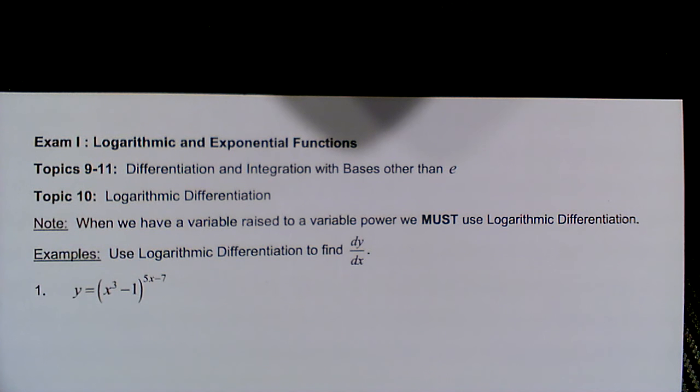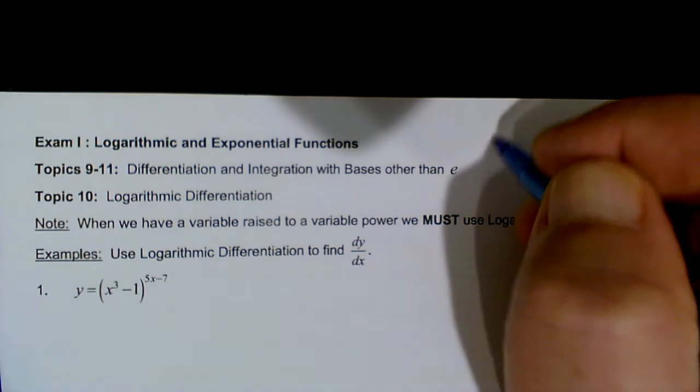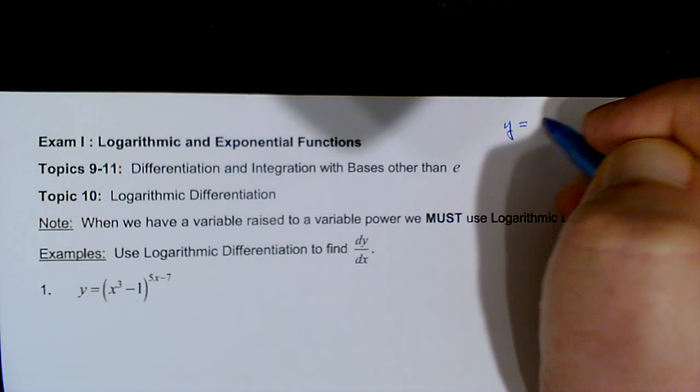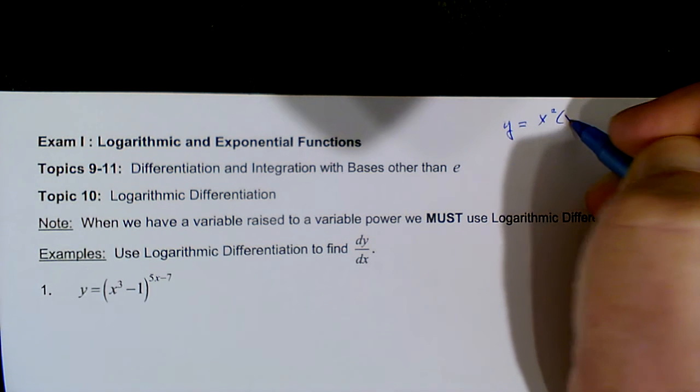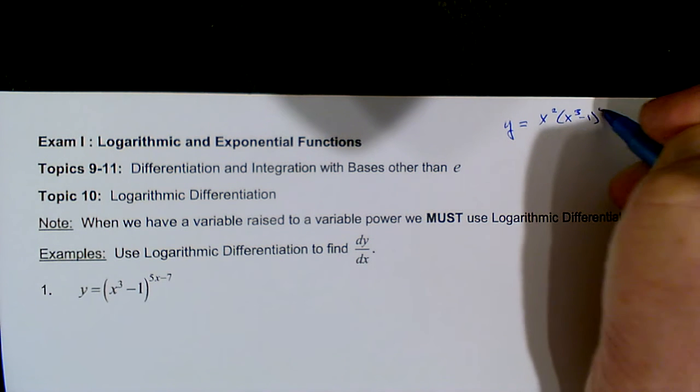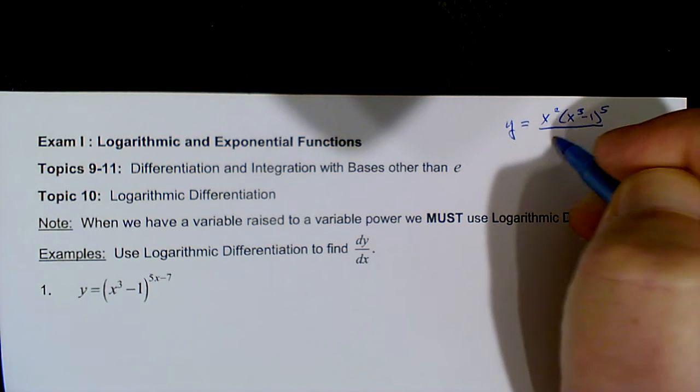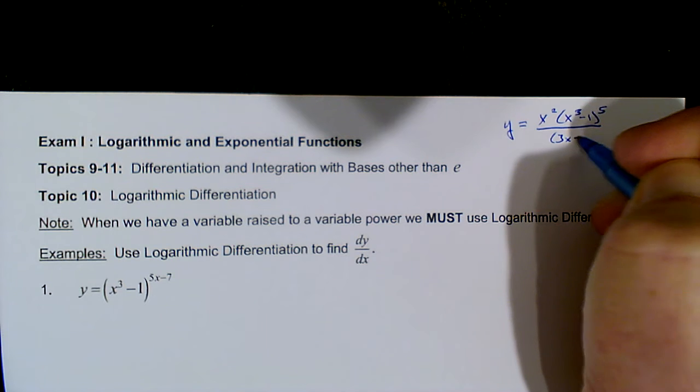We have studied this before in the context of, for example, a problem of y equaling x squared times (x cubed minus 1) to the 5th over (3x minus 7) to the 4th.